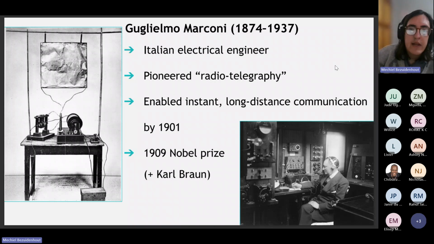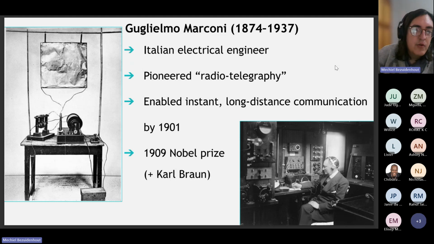The next big innovator in radio science was an Italian electrical engineer called Guglielmo Marconi. I believe that's close to the pronunciation. And he pioneered something called radio telegraphy, which basically meant sending telegraph messages via a radio emission.